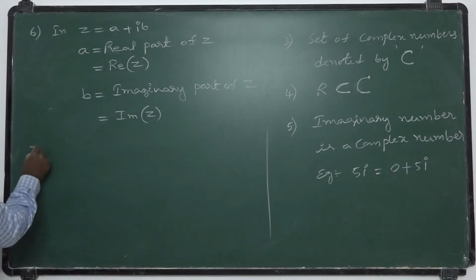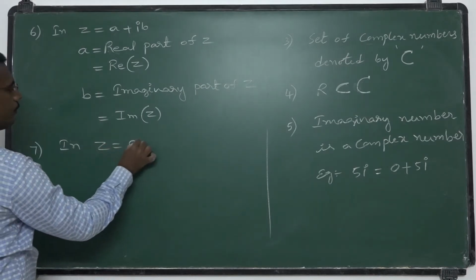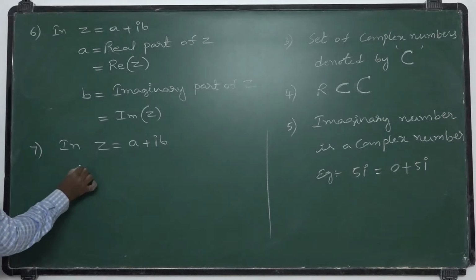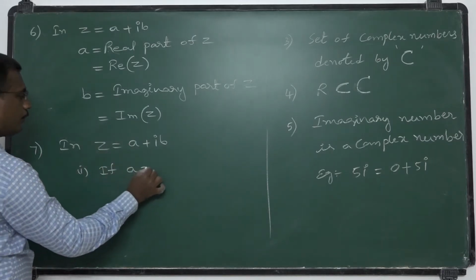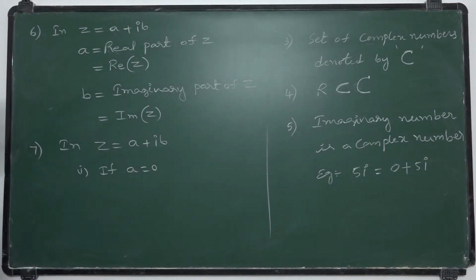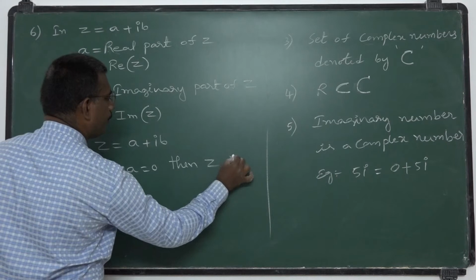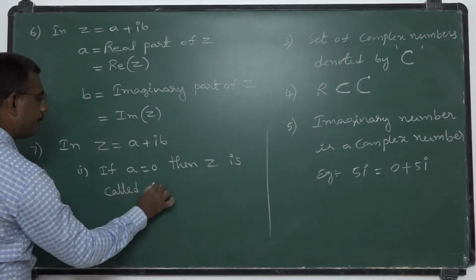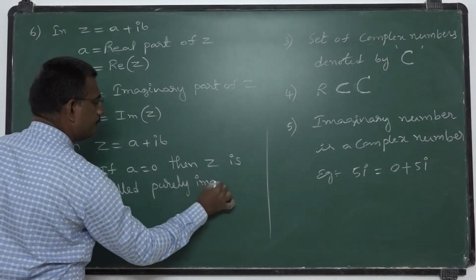Next, the 7th point. In a complex number Z equal to a plus ib, if a equal to 0, then Z is called a purely imaginary number.